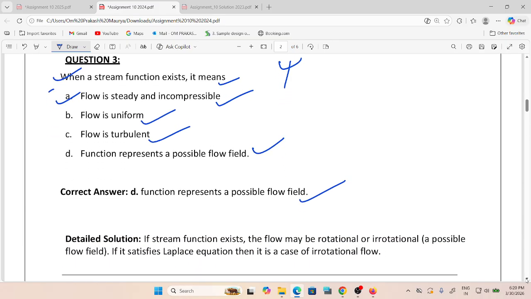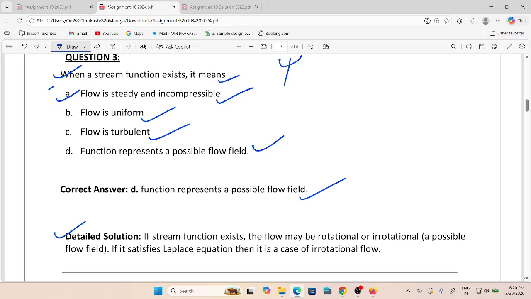Now let us move on to the detailed solution. If a stream function exists, the flow may be rotational or irrotational, a possible flow field. If it satisfies the Laplace equation, then it is a case of irrotational flow. So this is the meaning.